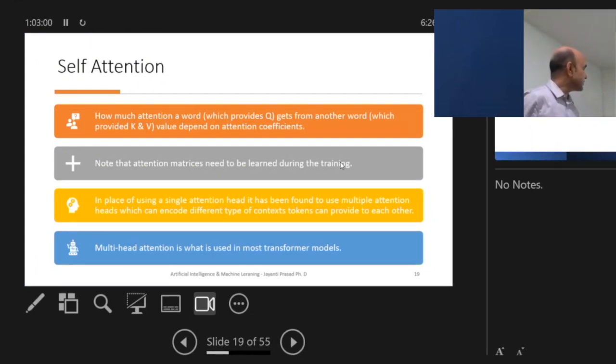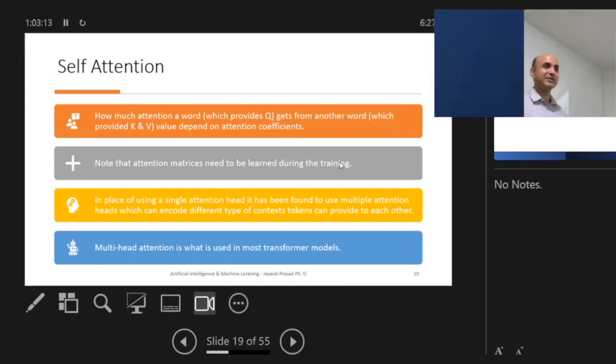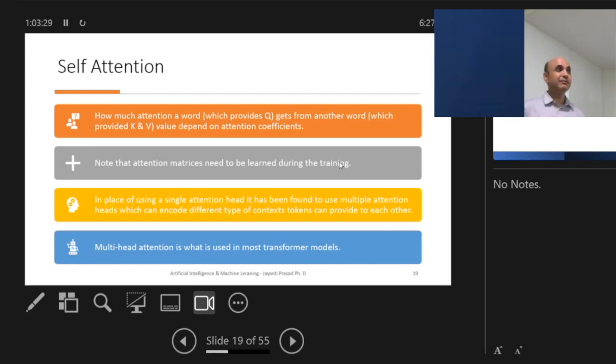In place of using a single attention head, it has been found better to use multiple attention heads, which can encode different types of context that tokens can provide to each other. I will explain this multi-head attention. The attention itself was sufficiently complex to understand, but then multi-head. Even if there are two tokens in a single sentence, they can have multiple different relationships between them.